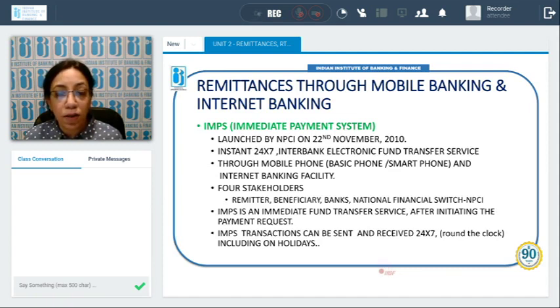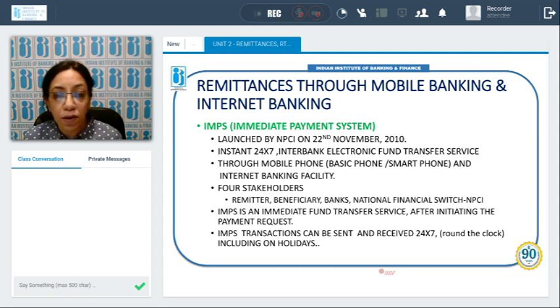Another form of remittances which can be undertaken by the customer through mobile banking and internet banking is IMPS, Immediate Payment System. This was launched by NPCI, National Payment Corporation of India, on 22nd November 2010. This is an instant 24/7 service.